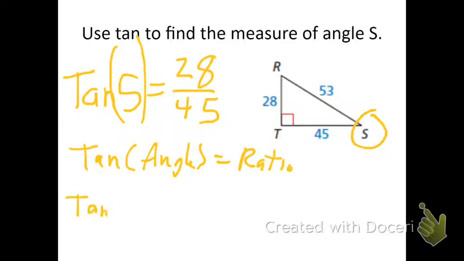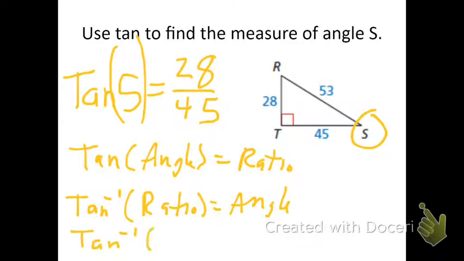That means with tangent inverse, if you plug in a ratio, you get an angle. So what we're going to do on the calculator is, instead of using tangent, use the tangent inverse button. Any calculator that has tangent should have a tangent inverse button. With tangent inverse, we plug in the ratio, and it'll give us the angle.